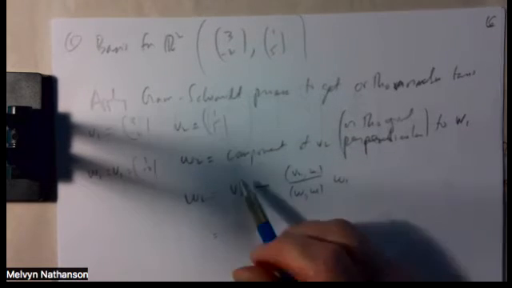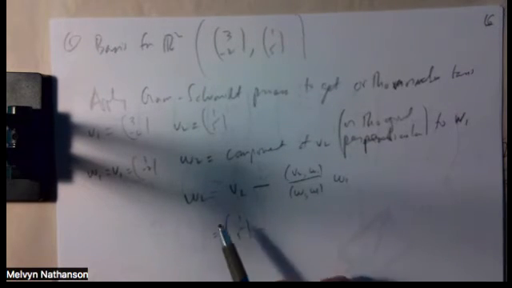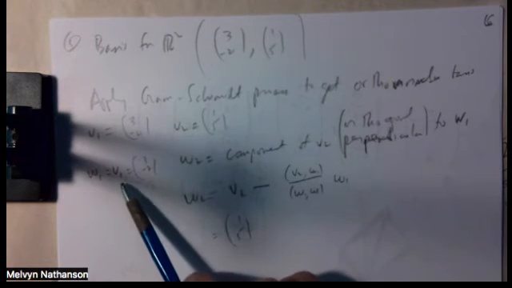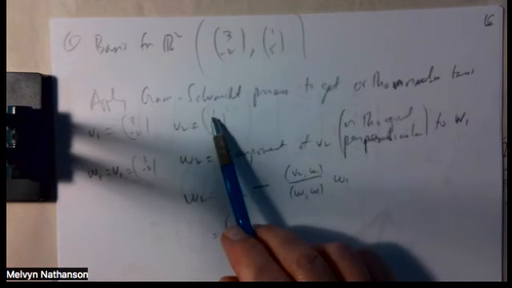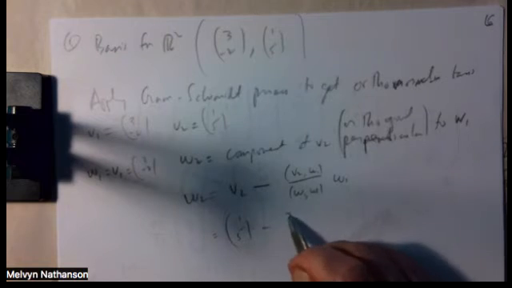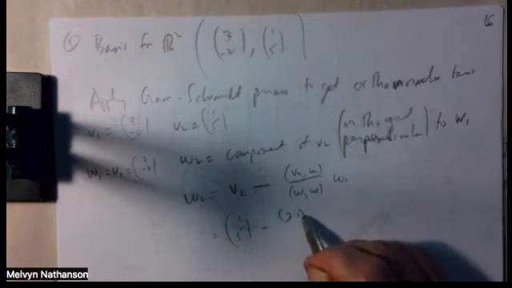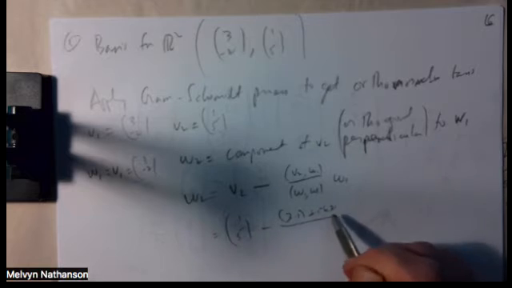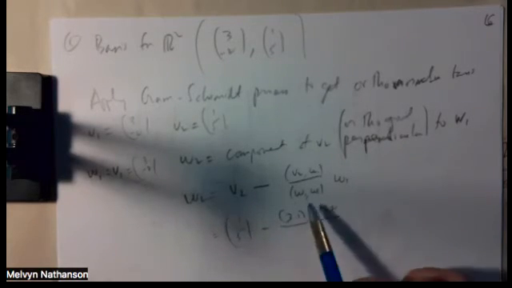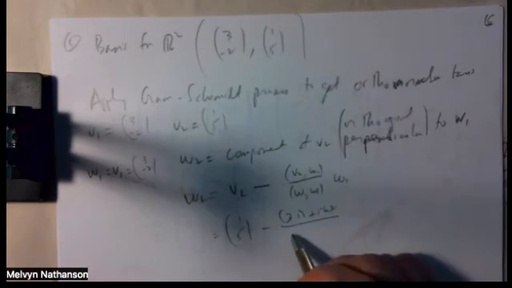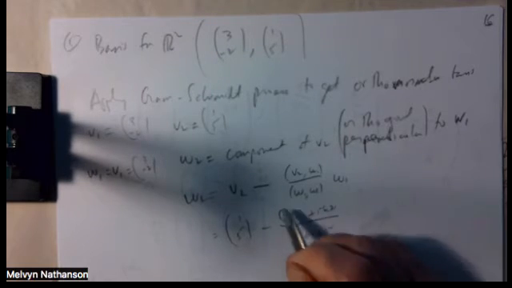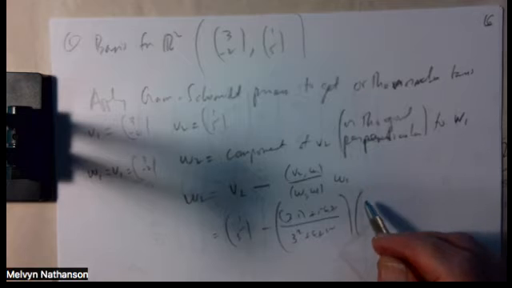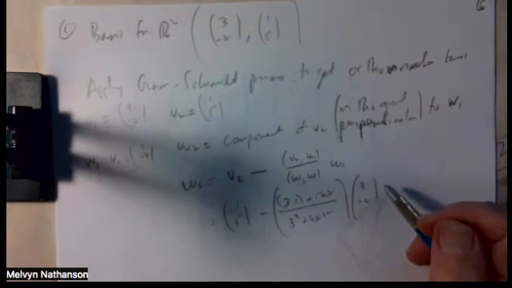So V2 is the vector (1, 5). The inner product of W1 and V2 is 3 times 1 plus 5 times -2, over the length of W1 squared, that's 3 squared plus -2 squared, times the vector W1, (3, -2).